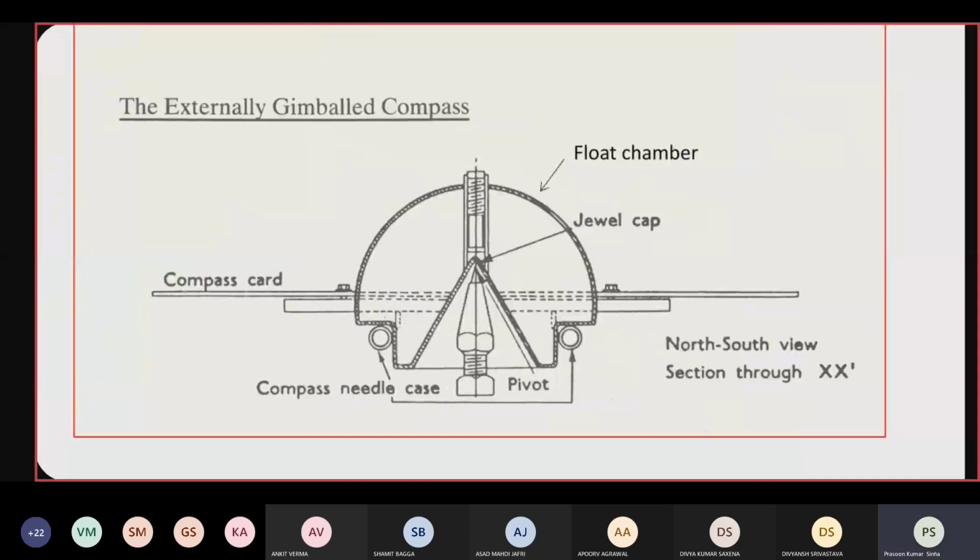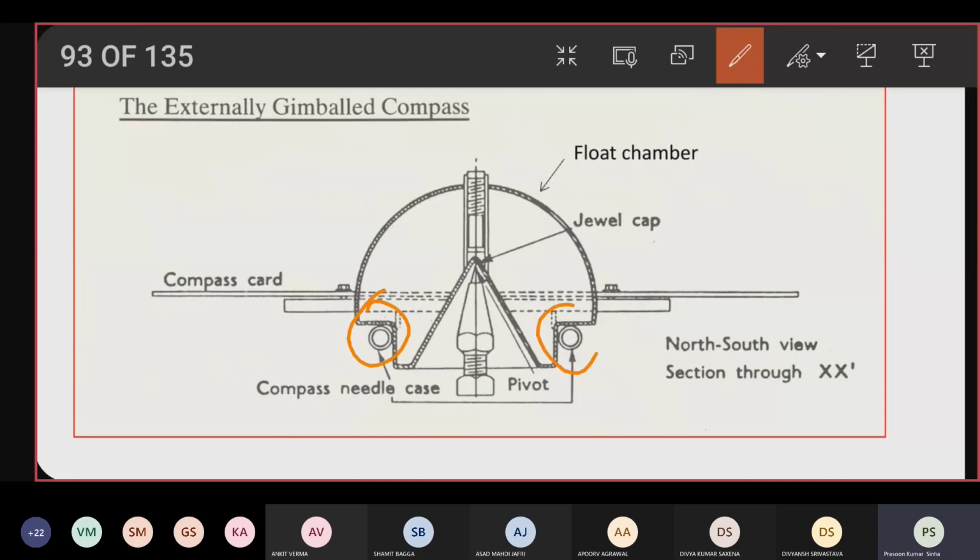There are compass needles here, shown here in the sides. So it can be placed anywhere. It has to be below the card. You have the pivot, you have the jewel cap. What we are saying here is a gimbal compass. That means the whole arrangement will be on gimbals. Now you know what gimbals are, correct? Do you know or not what a gimbal is?